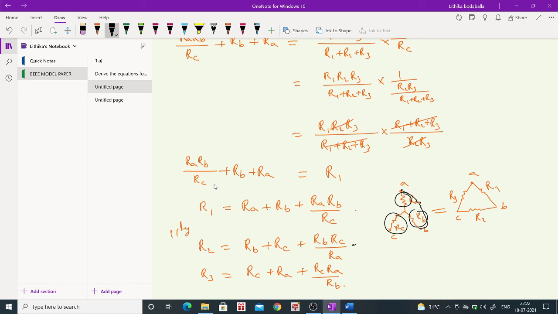So like that you can write this equation. I hope it is clear.